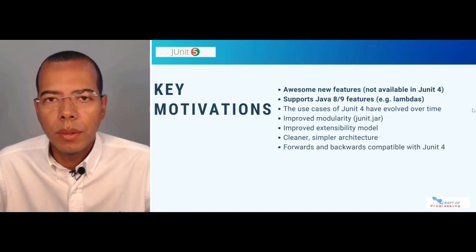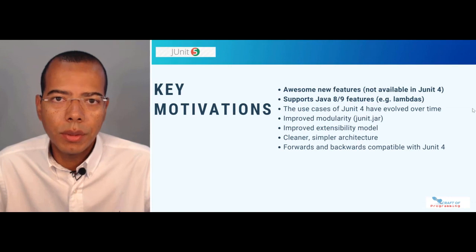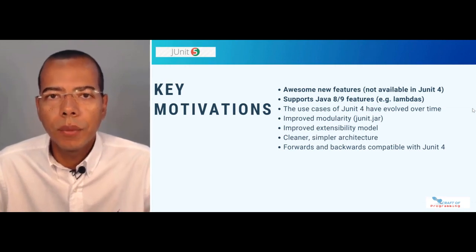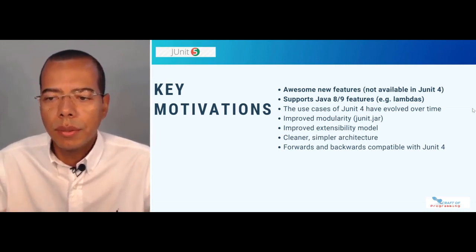We're going to cover also the forwards and backwards compatibility. JUnit 5 is actually forwards and backwards compatible with JUnit 4, which is a good thing. And this is obviously done by design so that people can transition slowly from JUnit 4 to JUnit 5.